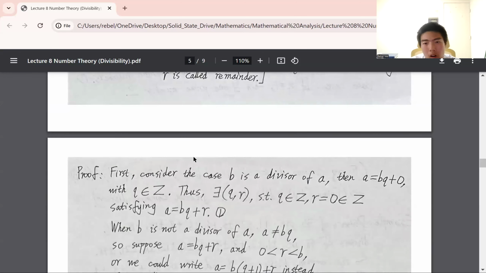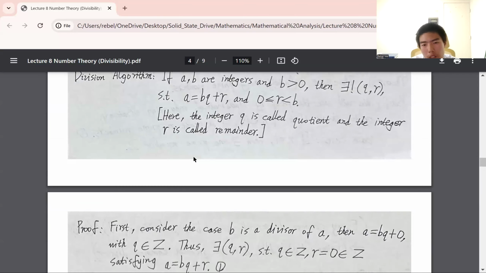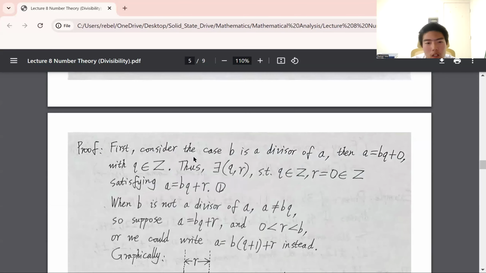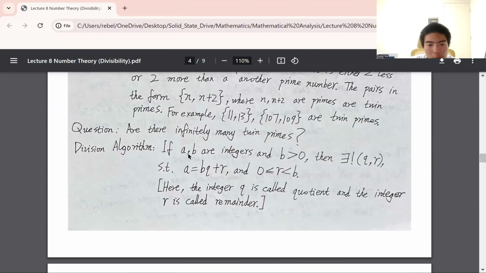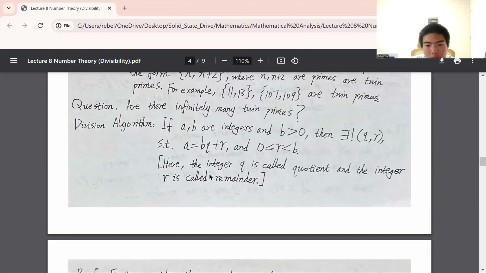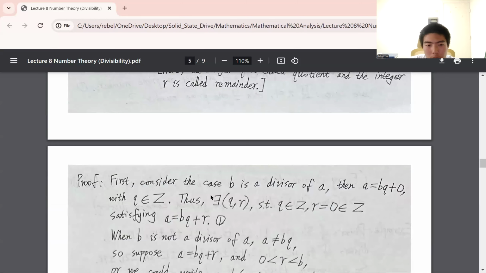There are two cases for R at first. R can be 0 or R can be non-zero. In the first case, we say B is a divisor of A, like B can divide A. So we can find the Q in Z such that A is equal to BQ plus 0.